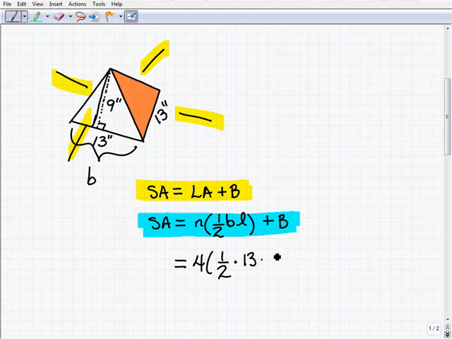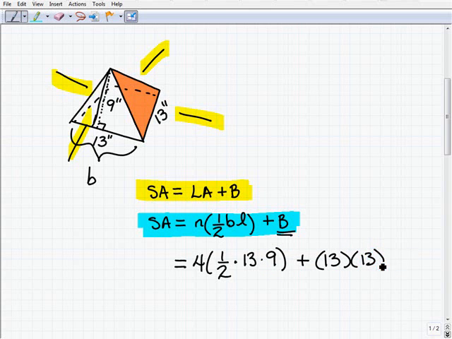That length is 9. The surface area of the base is simply the surface area of this square that forms the bottom of the pyramid, and that's going to be 13 times 13. That's how you find the area of a square.